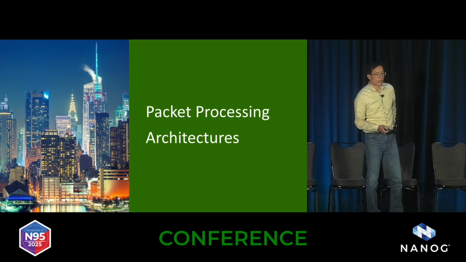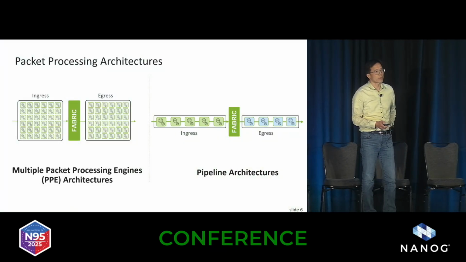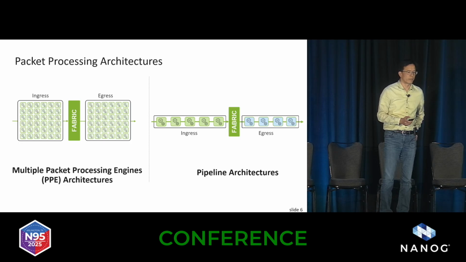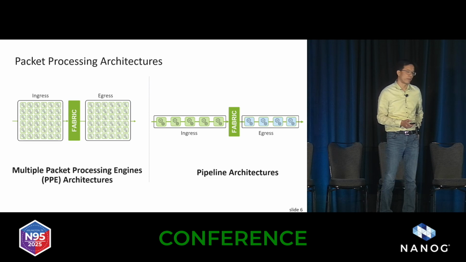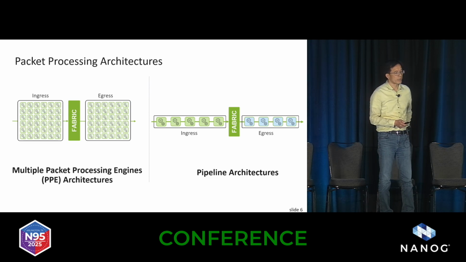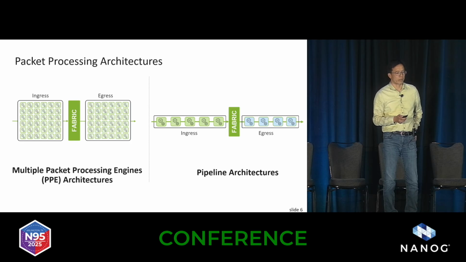So now let's talk about packet processing architecture. There are two main architectures I'm going to review. One is the multiple packet processing engine architecture on the left-hand side of the diagram. And basically, the packet processing engine is doing all the packet processing work.